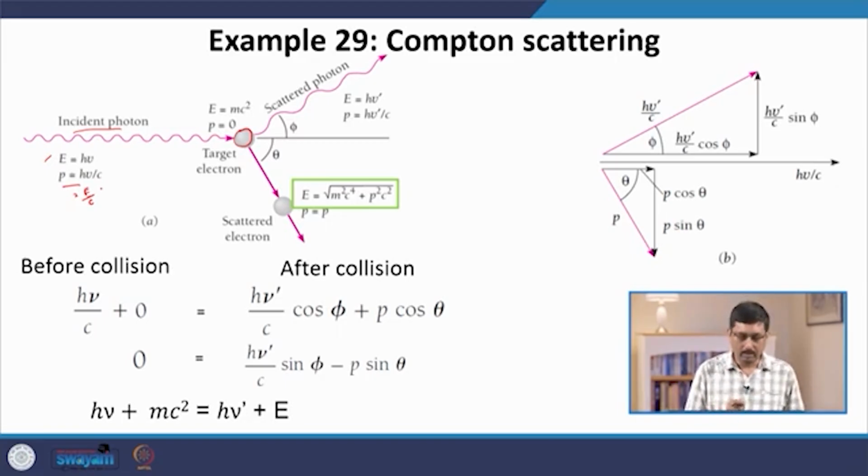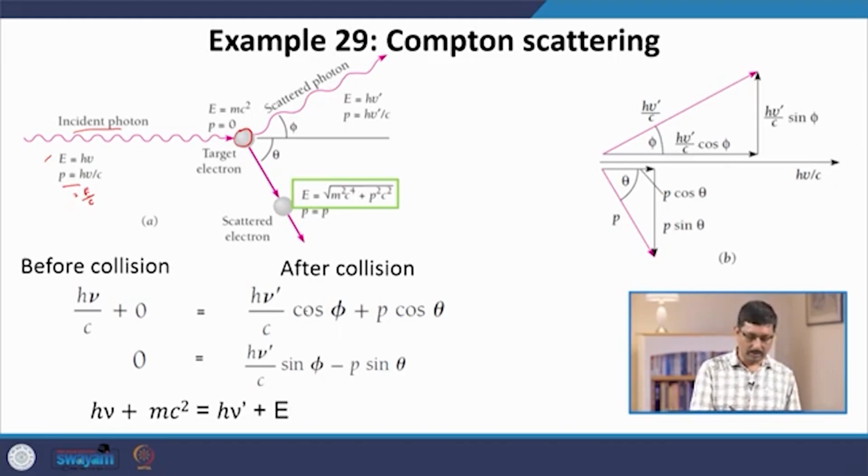The second part: the photon hits a target electron and as a result scatters in a different direction. You see that the scattered photon's wavelength is now bigger than that of the incident photon, which means its frequency, which is inversely proportional to the wavelength lambda, has also changed.